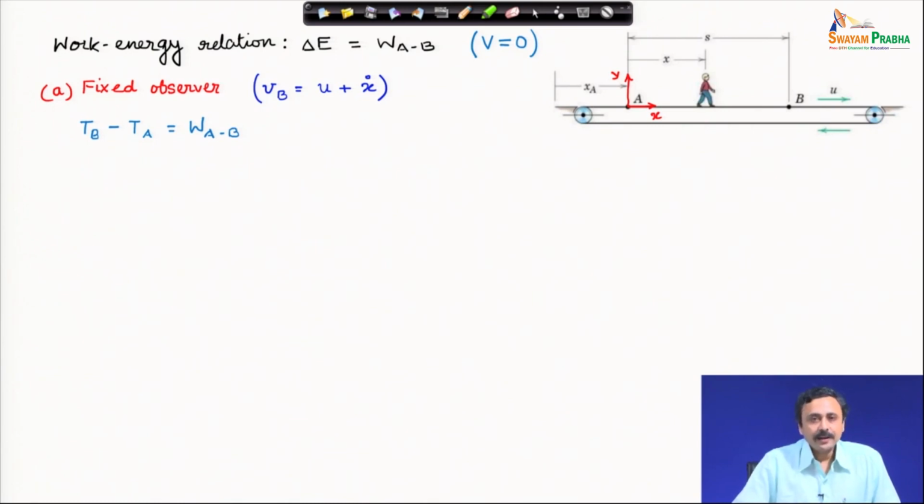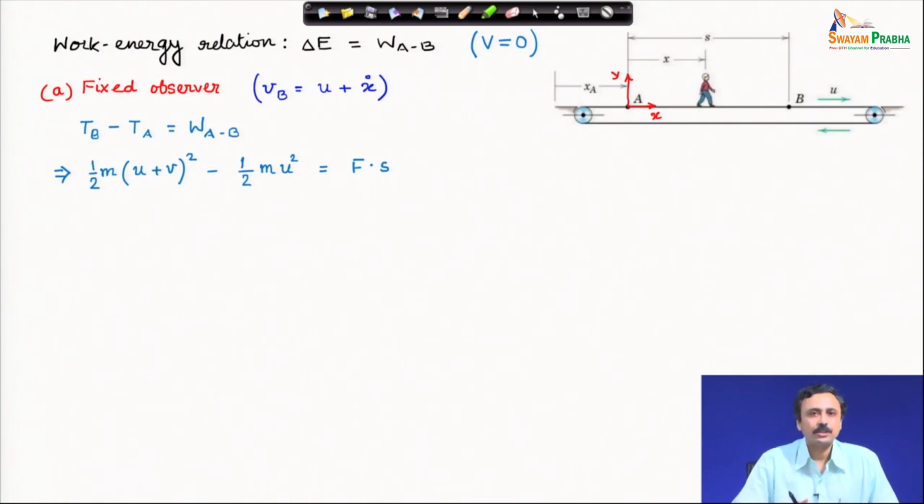The kinetic energy of the boy at B minus the kinetic energy of the boy at A must be equal to the work done as the boy moves from A to B. I can write the kinetic energy at B as half m times the velocity of the boy at B, which is u plus v, from the relative velocity expression.